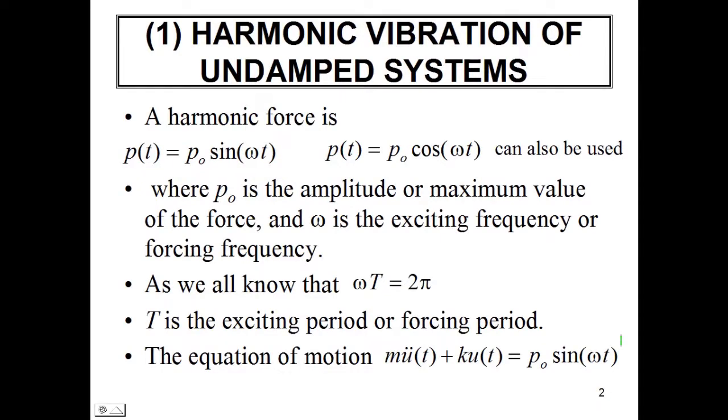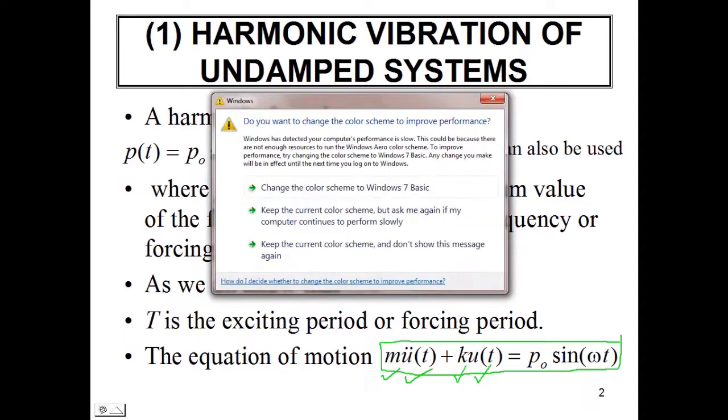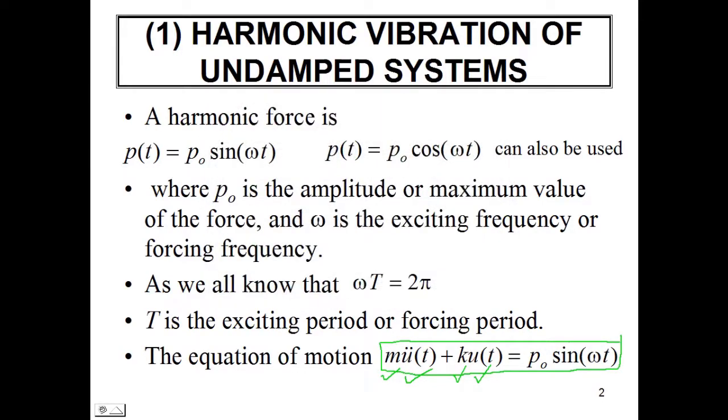The equation of motion can be expressed by the following equation, where m is the mass of the system or structure, u double dot of t is the acceleration as a function of t, k is the stiffness of the system, u of t is the displacement or deformation of the system, and P0 sine omega t is the harmonic force.